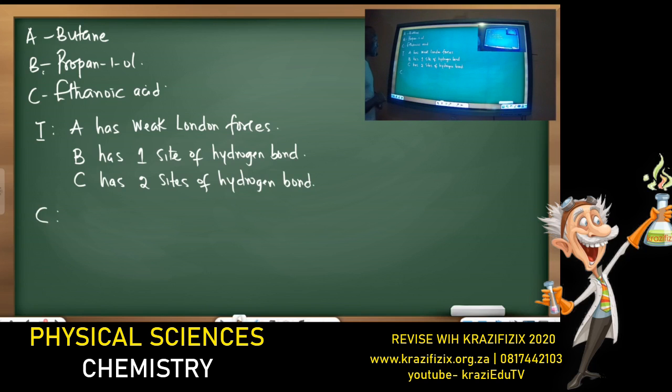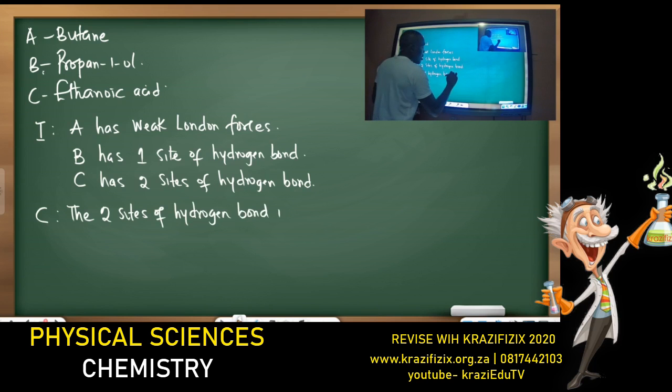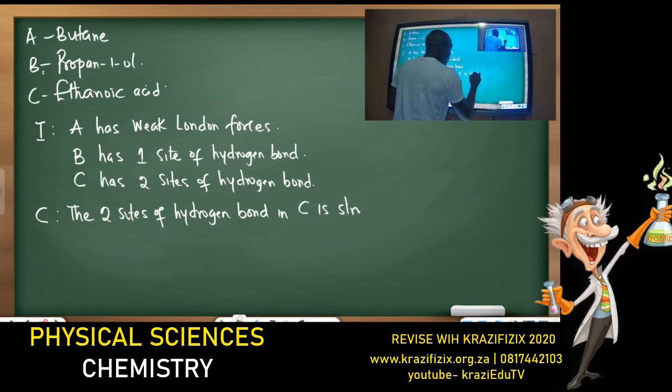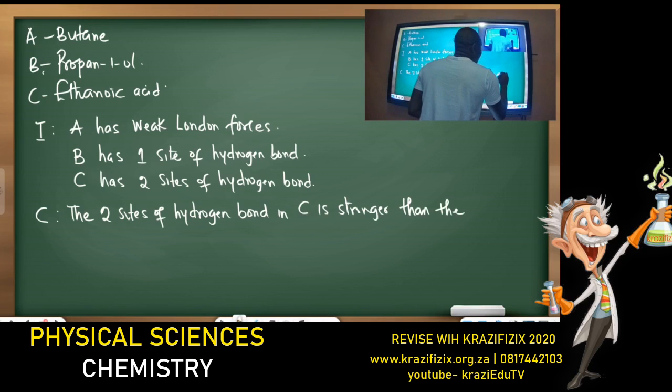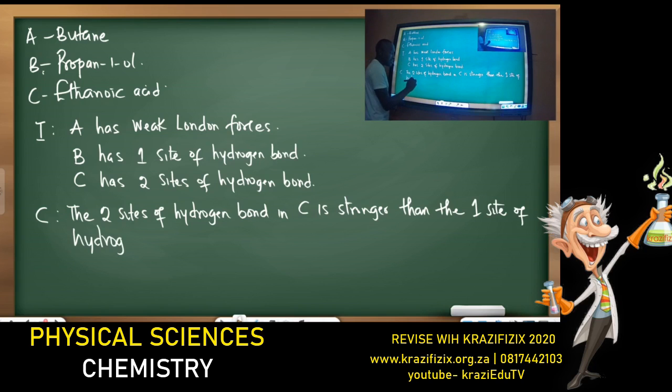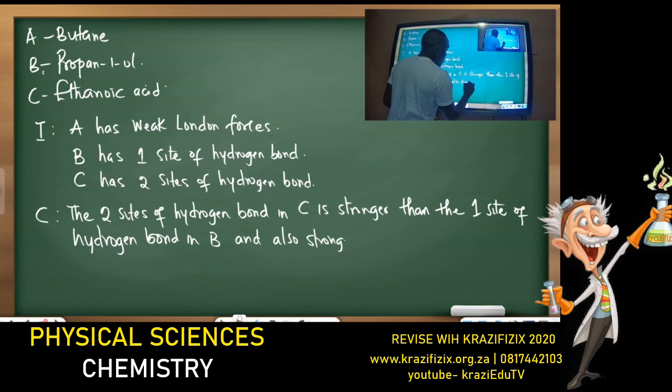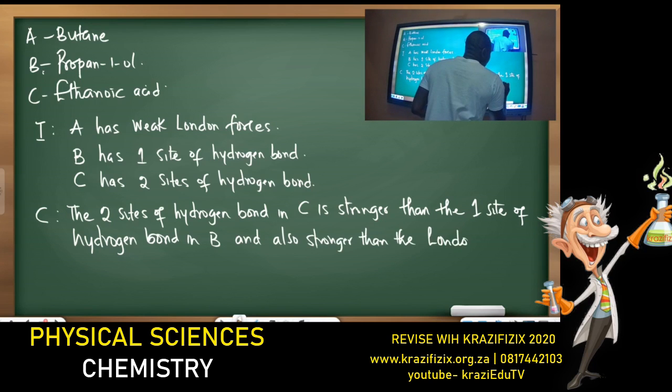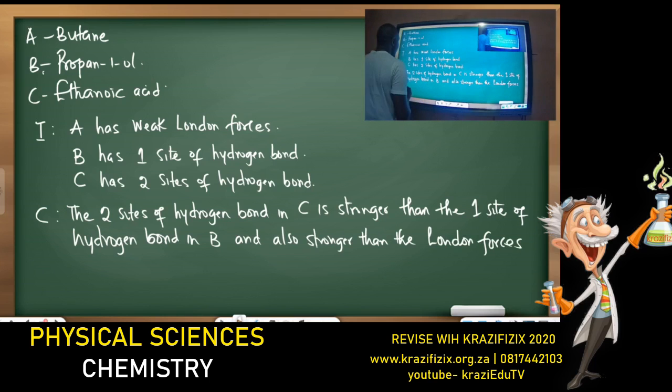Then we compare: the two sites of hydrogen bond in C is stronger than the one site of hydrogen bond in B, and also stronger than the London forces in A. We're not writing stories, we're very direct.